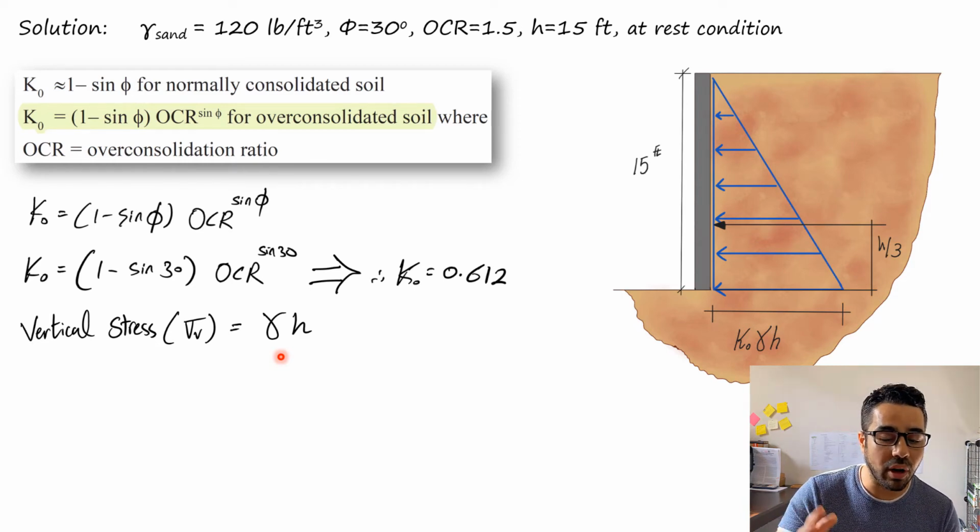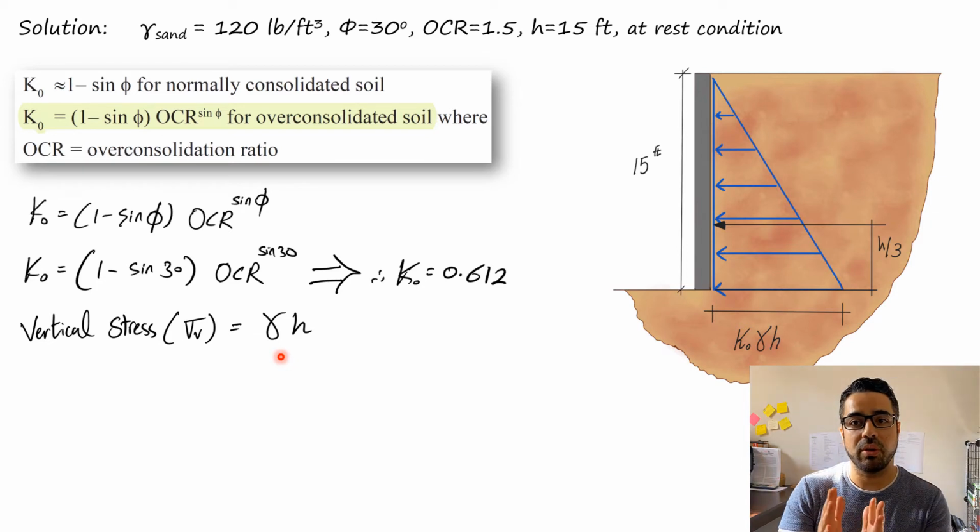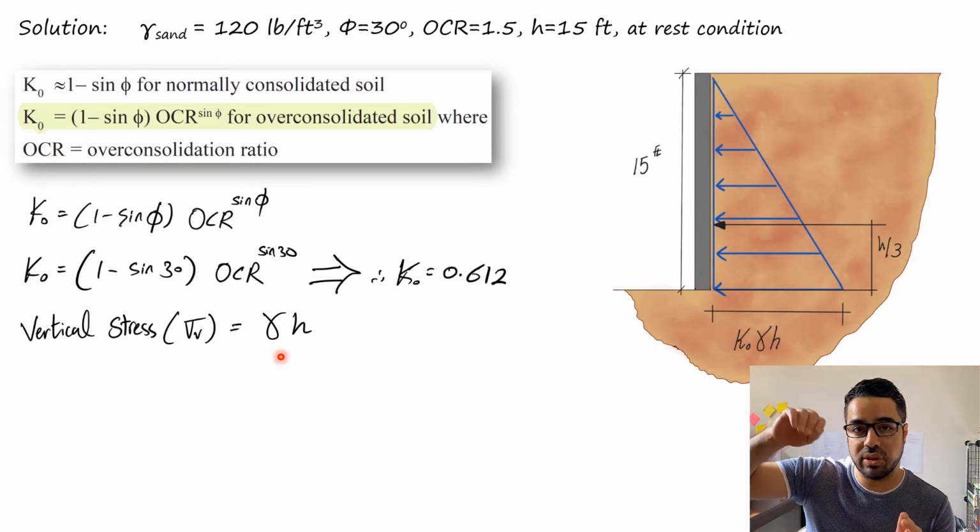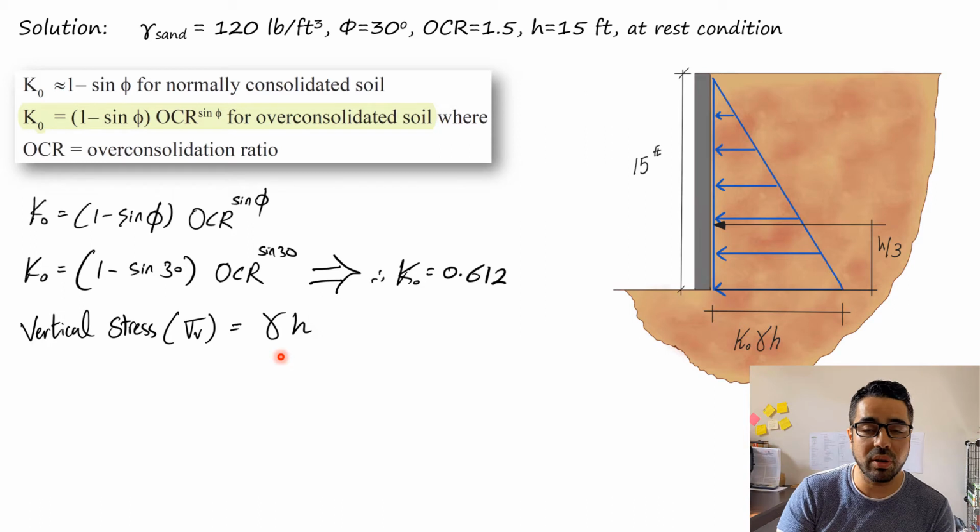If you have groundwater, you have to use the effective density, because this is the one that works with the K naught coefficient. K naught will not be applied to the pore water pressure, to the effect that comes from the water. The water is gamma water times depth, and the horizontal is the same as well.